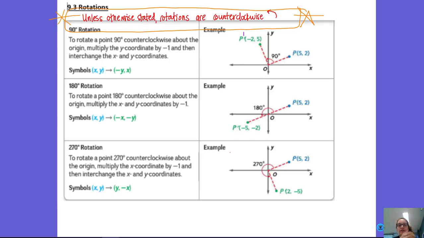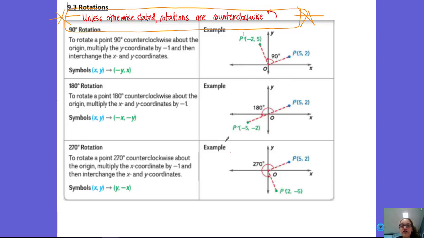Okay, so big idea: unless we specify that we're rotating clockwise, you're always going to rotate counterclockwise. You're always, always, always rotating counterclockwise unless we specifically tell you that we're rotating clockwise. Our rule for rotating 90 degrees counterclockwise is, if you're starting with point (x, y), you take the y coordinate, change the sign, send it to the front. (x, y) becomes (-y, x).